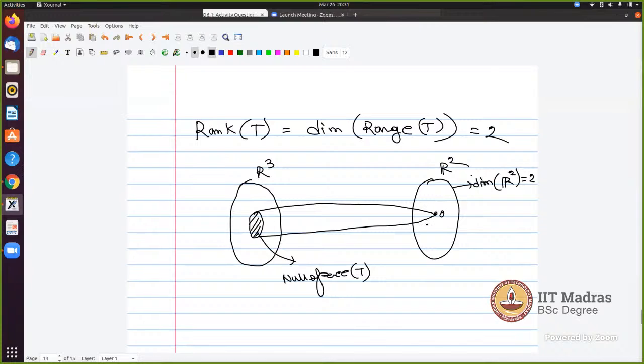The range of T must be inside this codomain, which has dimension 2. That means the range space is the whole space, because the range space is a subspace of R2 with the same dimension. So the range of T is the whole R2. Range and codomain are the same in this case. So T is onto, T is surjective.